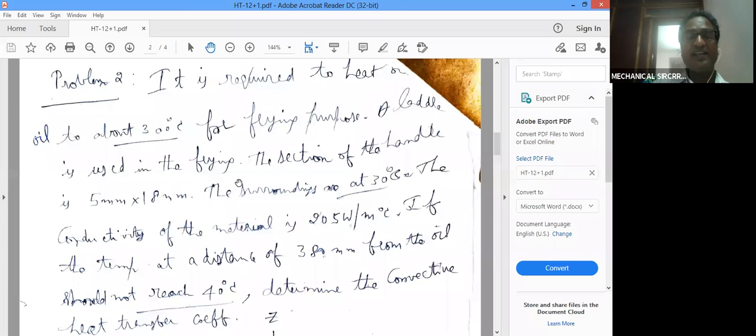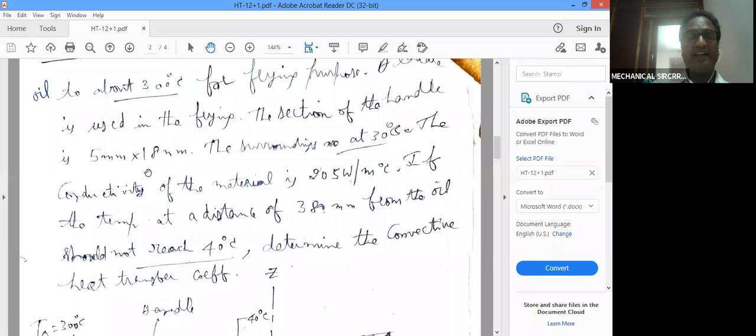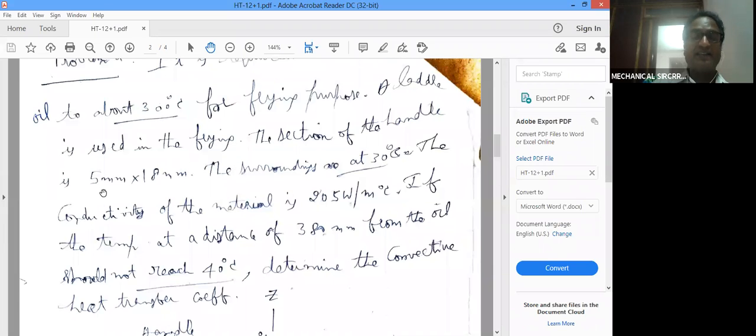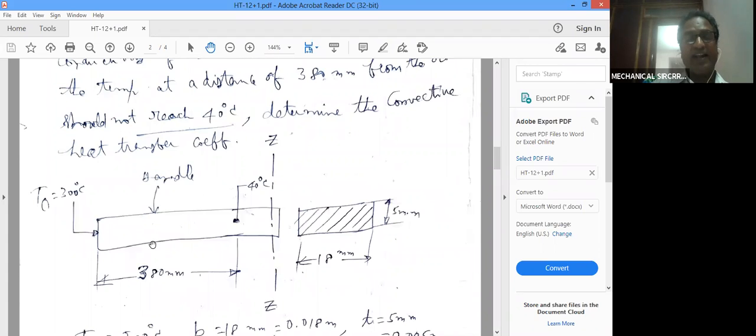The cross section area of the ladle handle is 5 mm into 18 mm. Here, this is a ladle and this is the ladle handle. This is considered a long fin, and this is the length of the fin.